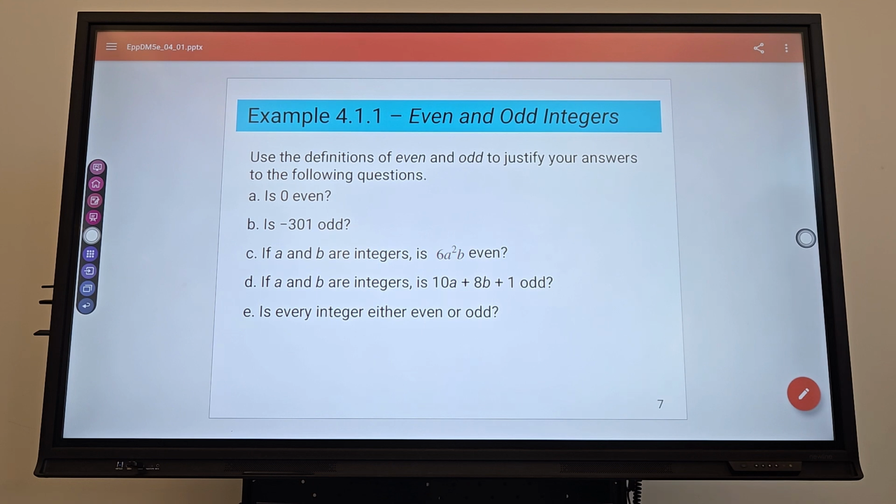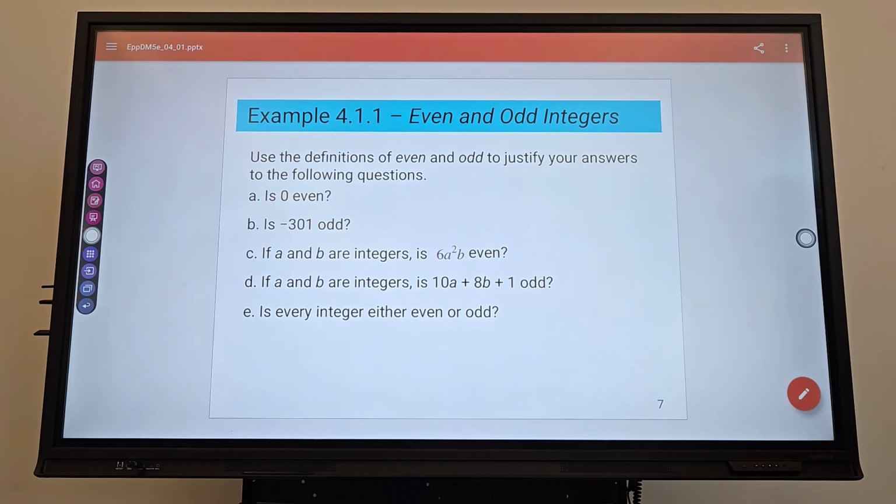Use the definitions of even and odd to justify your answers to the following questions. Is 0 even? Not a trick question.